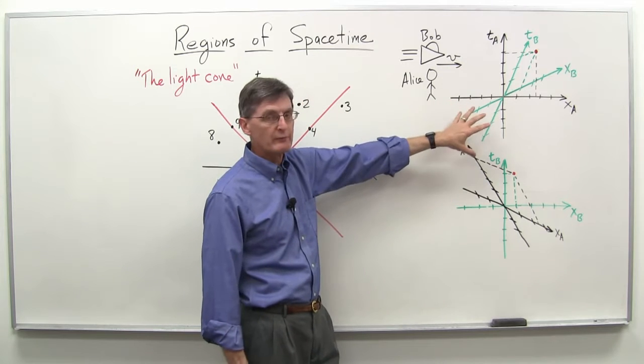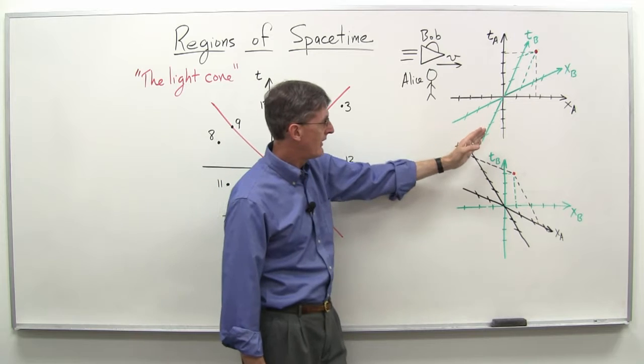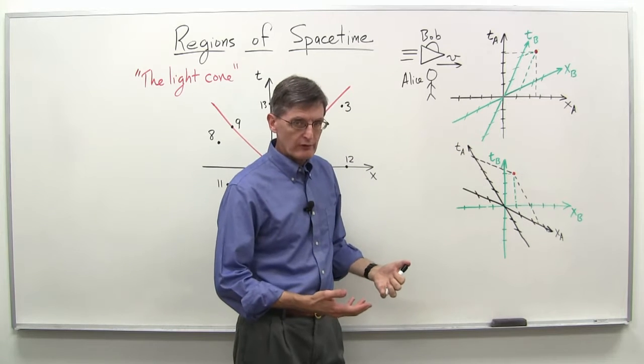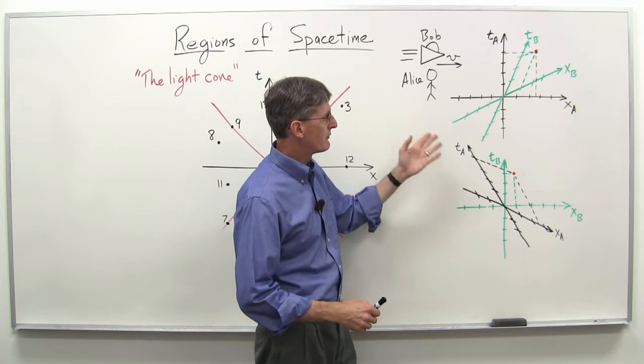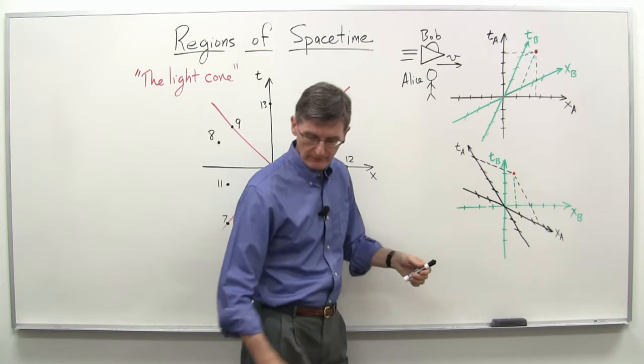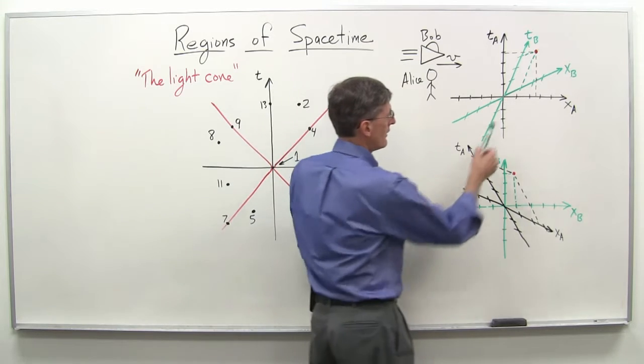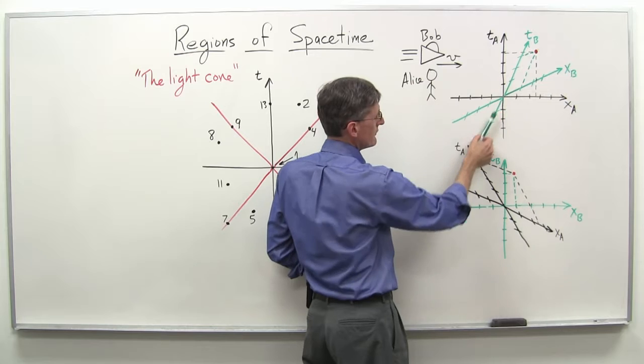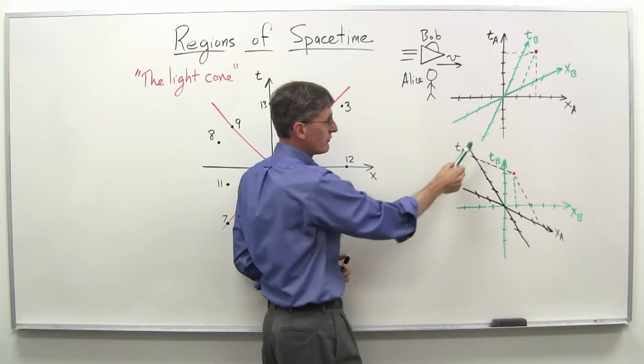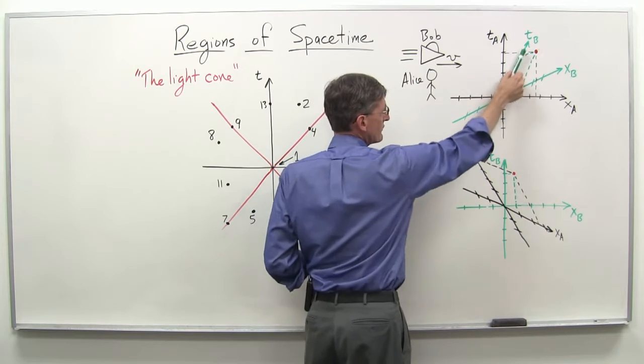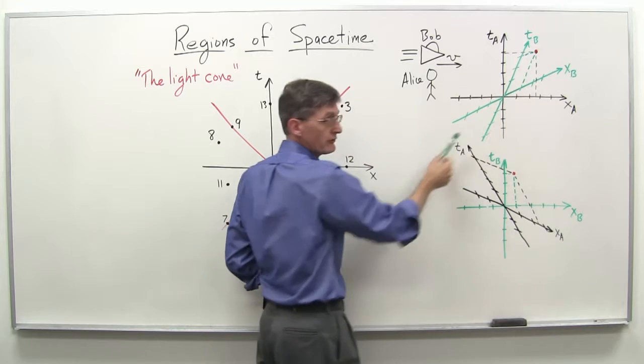And then we put Bob's axes on there, and it's important to see they're parallel again. In other words, Bob's lines of same location, the green ones here, are these lines here. Here's his t sub b axis. So this is the line of same location for x sub b equals 0, of course.